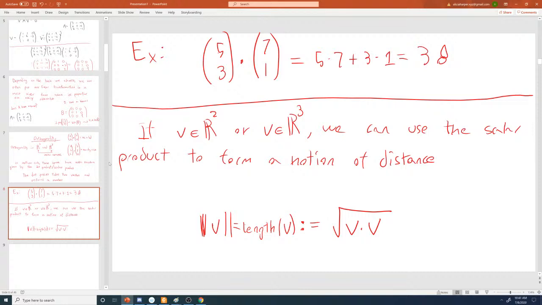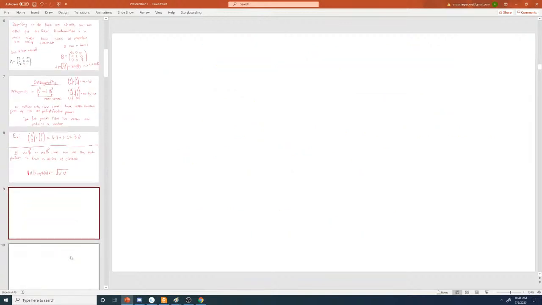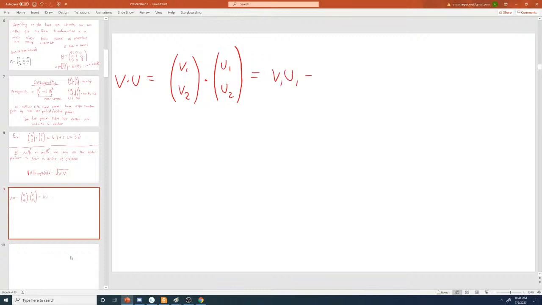Now, because this is linear algebra, we have yet another way to think of this. So first off, note that if we start with v dot u, this will be the same thing as (v1, v2) dot (u1, u2). This will be equal to v1 u1 plus v2 u2.